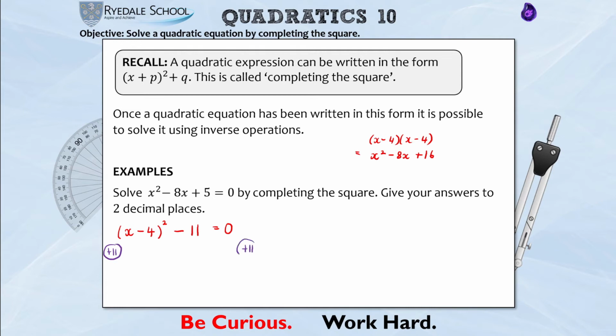I'm going to use my communication pen here, but you will see in the answers that I provide for you later, I will not have done these parts in purple. If I add 11 to both sides of my equation, the 0 becomes 11, and adding 11 eliminates this subtract 11, so I just have (x − 4)².